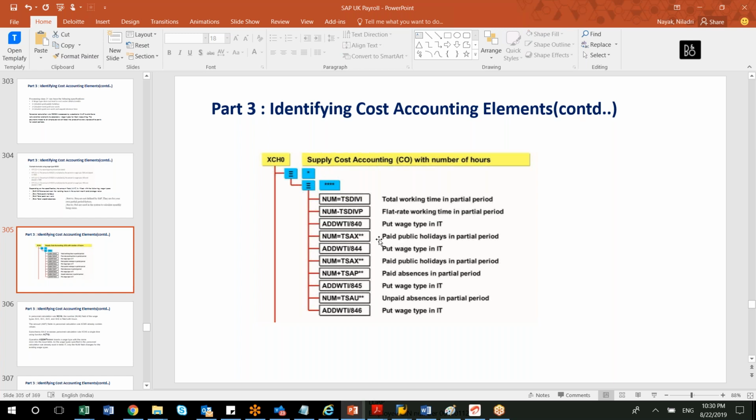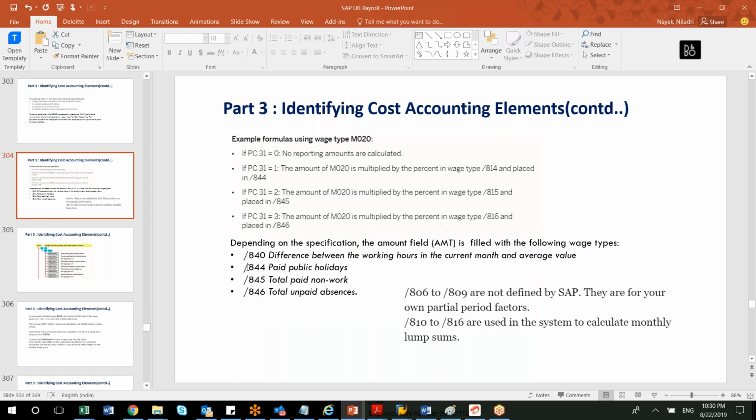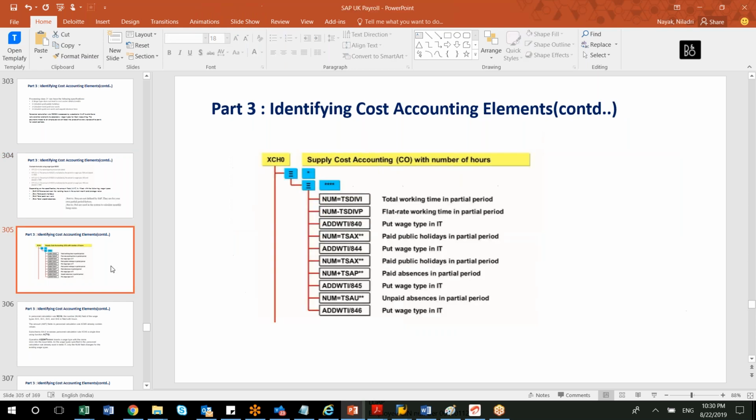Here we have explained slash 840, 844 and 845. Whatever you have seen here, slash 844, 845 and 846, even if there is no value, even if it is blank, this schema will still calculate all those figures if there are any changes.